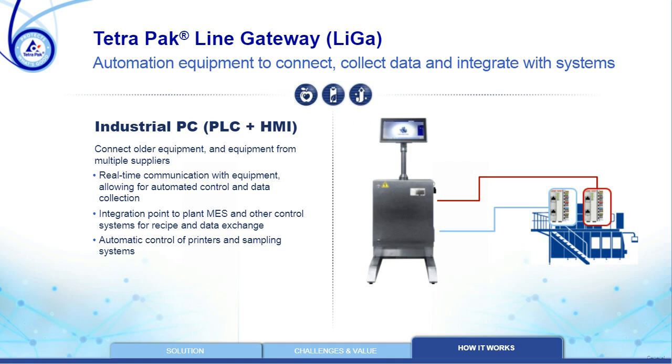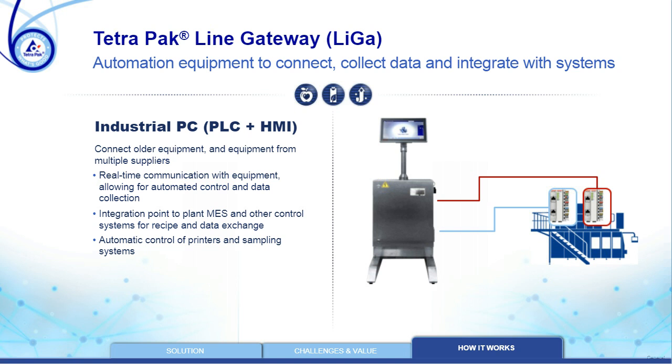So how does it work? Similar to that of a line controller, the line gateway is an industrial computer with a programmable logic and a display. It facilitates the real-time communication between the equipments, ultimately allowing you to add on other options for configurability and control, including perhaps the most important integration with MES.